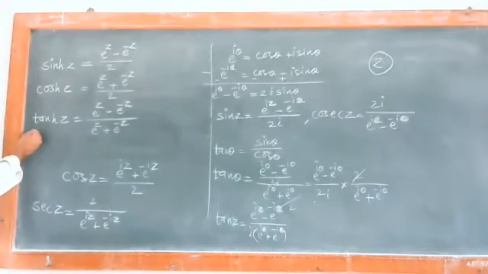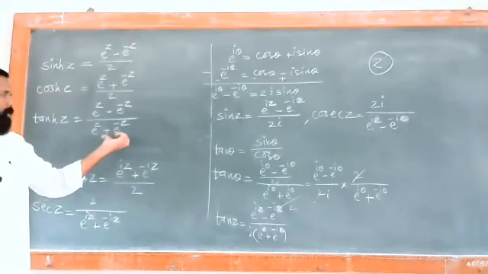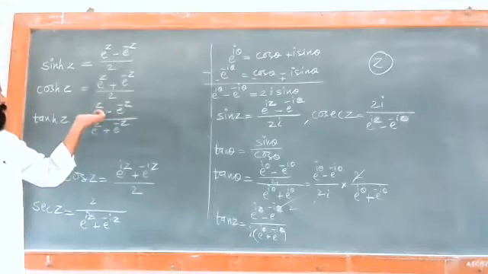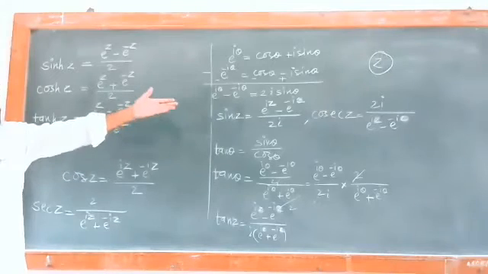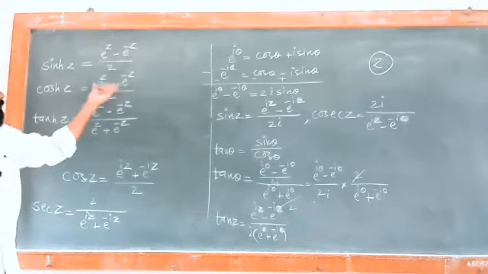What about your cot? Cot is same. फक्त याचा इन्व्हर्स e raised to z plus e raised to minus z divided by e raised to z minus e raised to minus z. तसंच cosec hyperbolic याचा इन्व्हर्स sec hyperbolic याचा इन्व्हर्स.